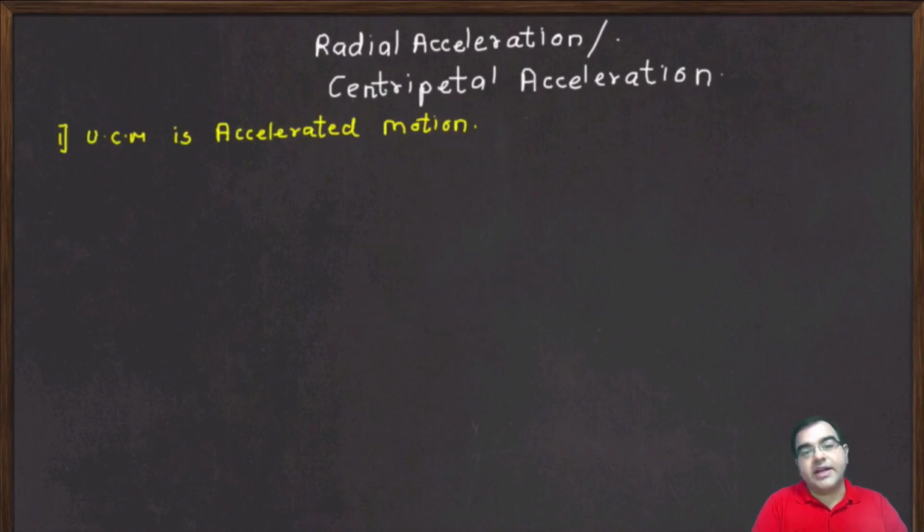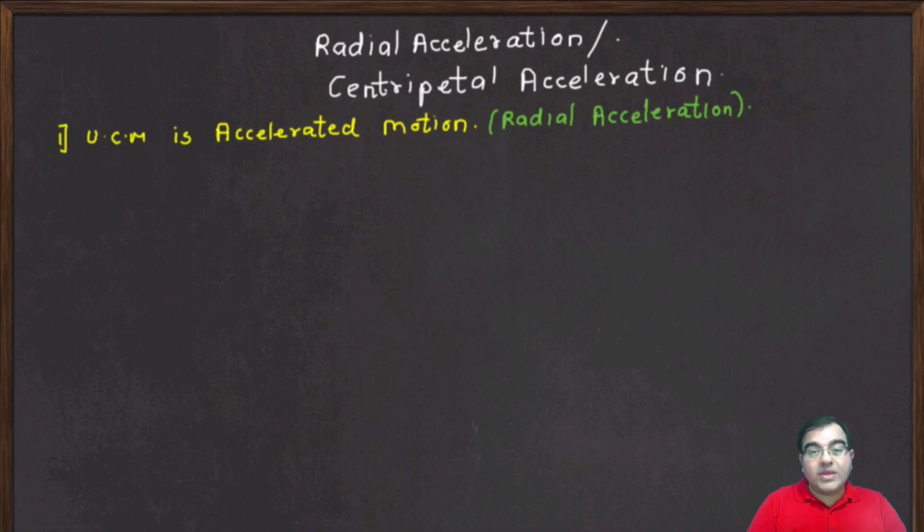Now, we have already studied that uniform circular motion is an accelerated motion, because even though the speed is the same, as I explained in the previous video, a vehicle moving with uniform circular motion has the same speed, let's say 16 kilometers per hour, but the direction kept on changing. Therefore, we said uniform circular motion is accelerated motion.